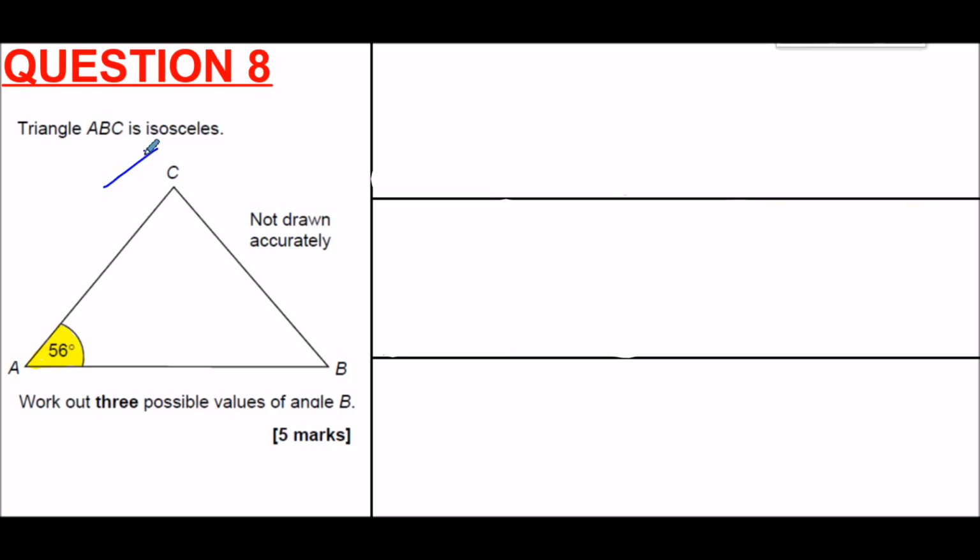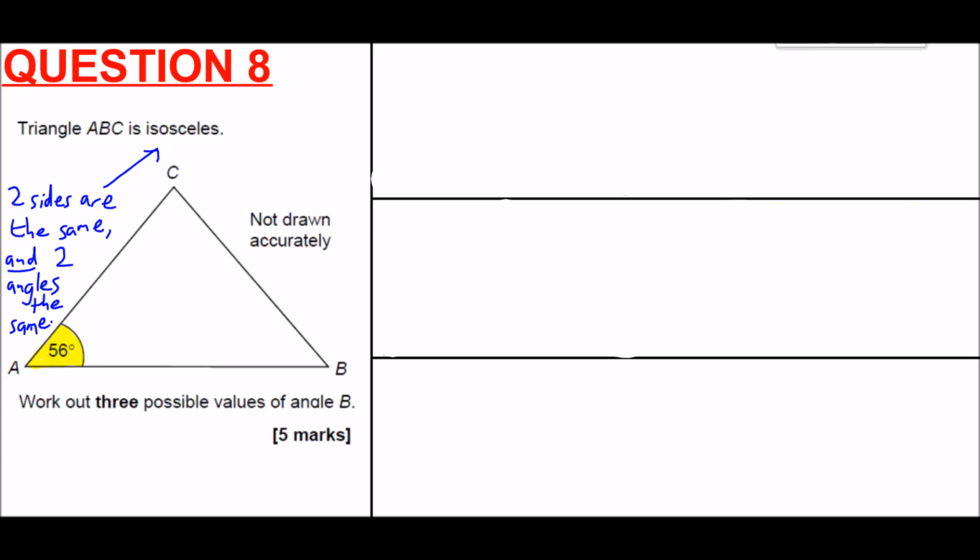A triangle is isosceles if two sides are the same length, and two angles are the same. So this one's 56. There's going to be a few possibilities of what C and B could be.